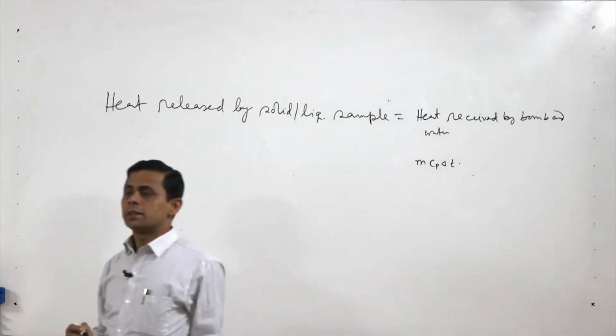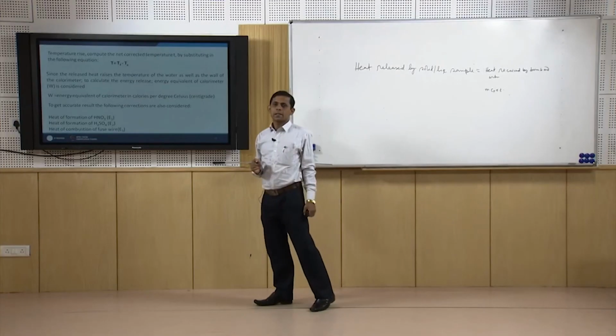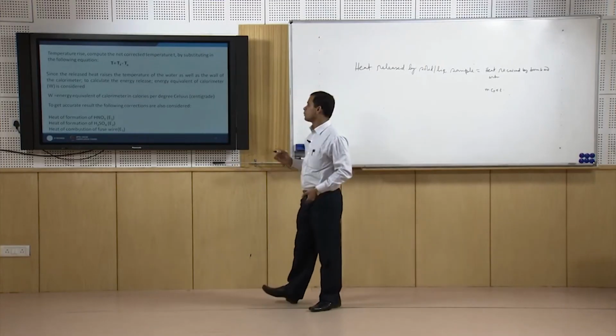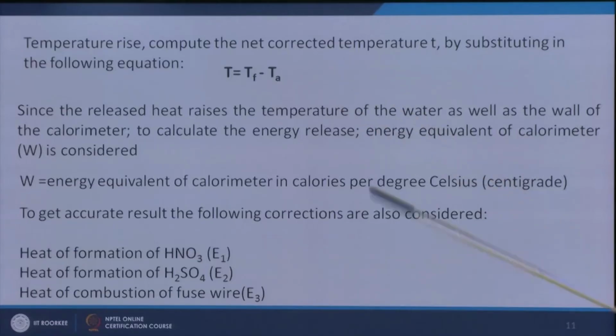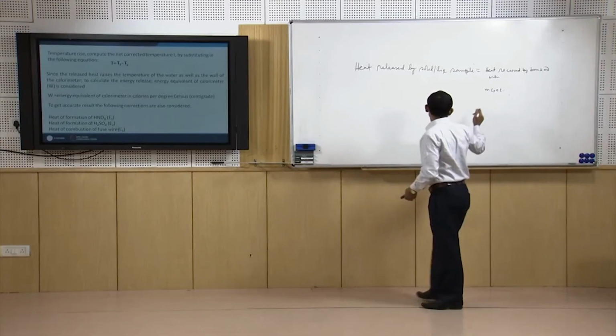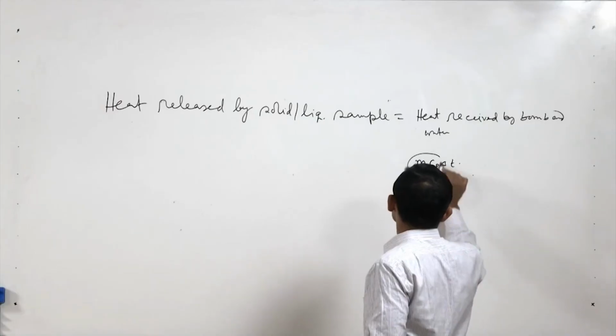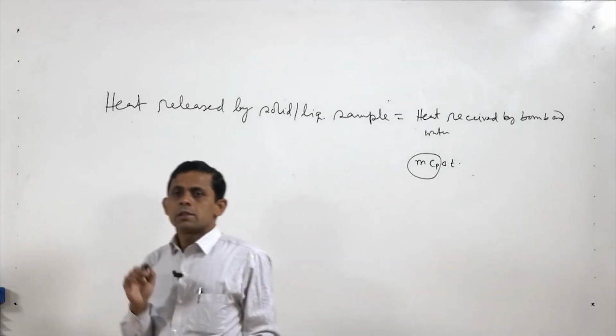Del T can be measured, that is Tf minus Ta, final temperature minus initial temperature. And then what is our mCp?